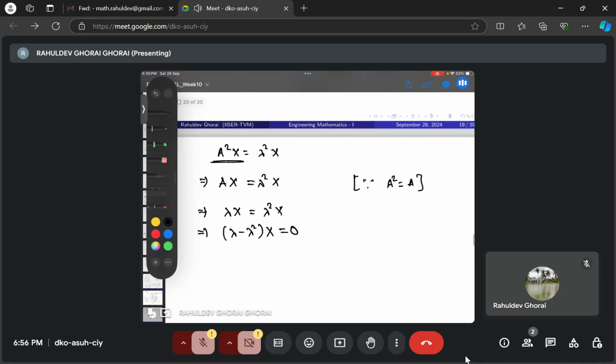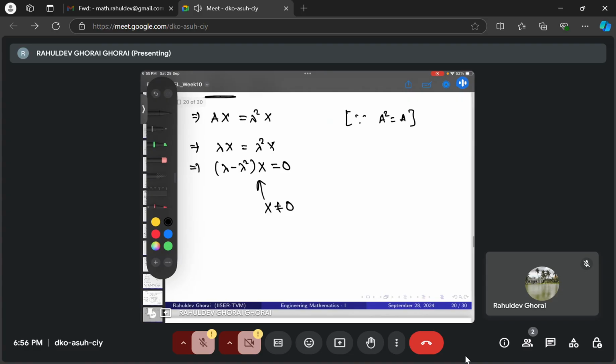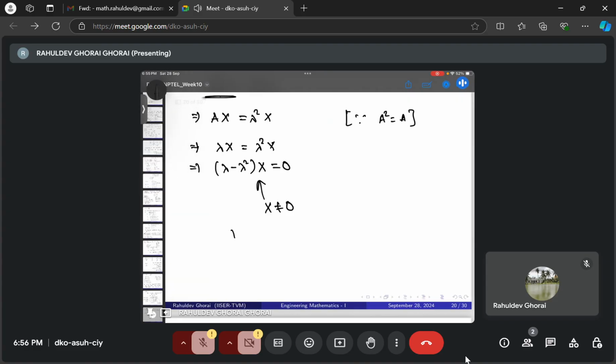And here now x is not equal to 0, you know. In the earlier attempt, Ax is 0 or not 0, you do not know. But here you know x is not equal to 0. So lambda minus lambda square has to be equal to 0. That implies lambda times 1 minus lambda has to be 0, so lambda is equal to 1 or 0.